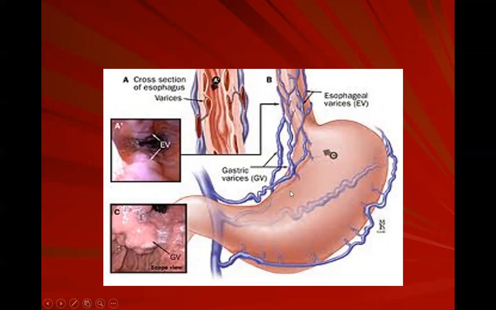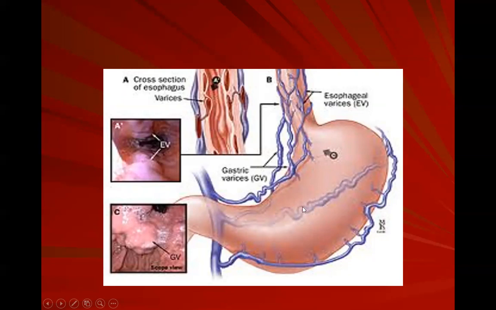So these are other images of the portosystemic shunts and the varices that develop. We can see engorged veins in the lower esophagus. The lesser curvature is also affected, because the left gastric vein would be directly affected.